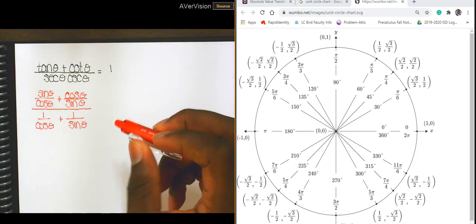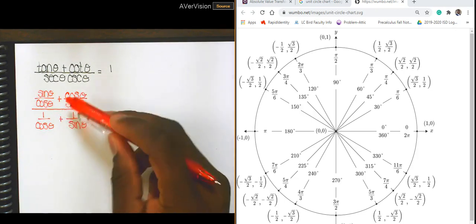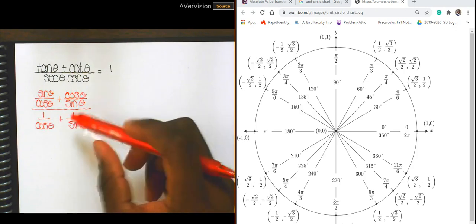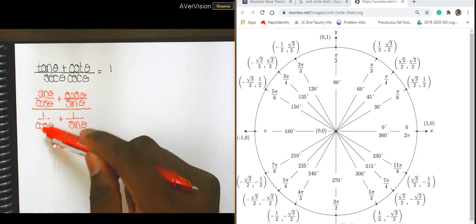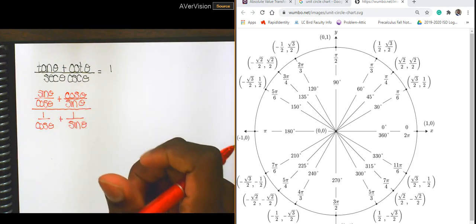So there are two ways we can approach this problem. We can either find a way to cancel out all the denominators, or we can find something to multiply to each one of these to get a common denominator.